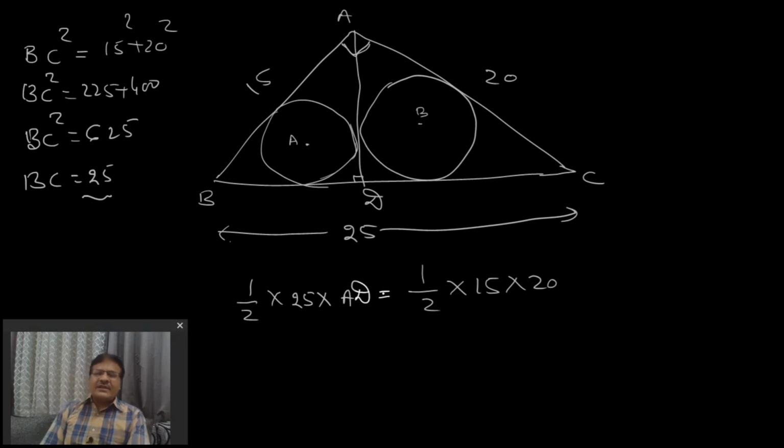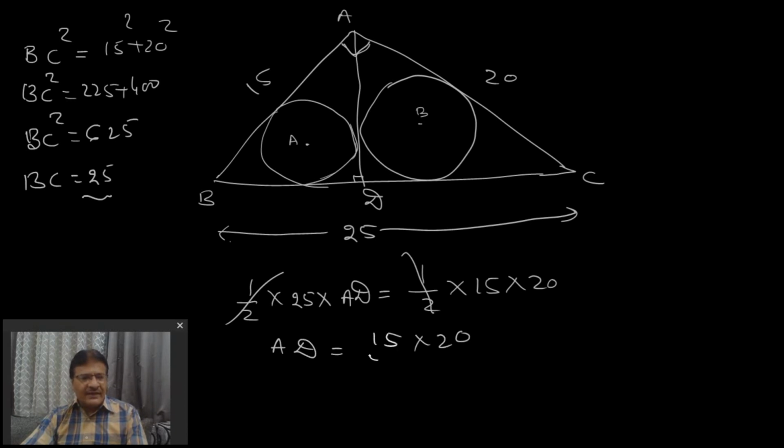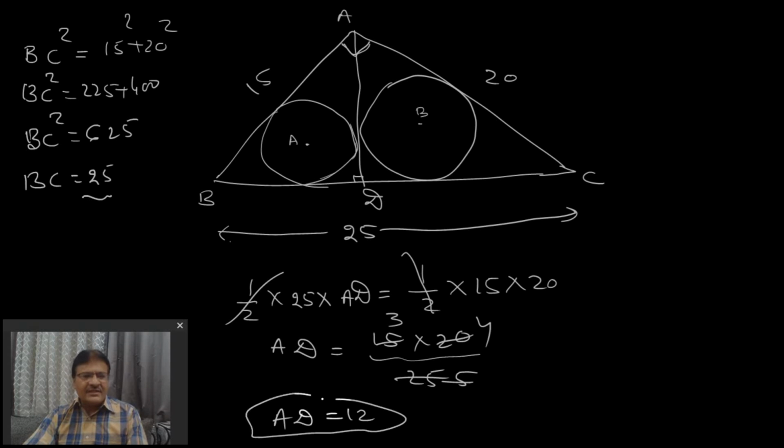Can I say these two areas would be equal because the triangle is same? Either we take base AB or we take BC, it doesn't matter. So half cancels with this half. So AD equal to 15 multiplied by 20 whole divided by 25. So AD is 12. I got the value of AD. Yes, no? So AD is my 12.